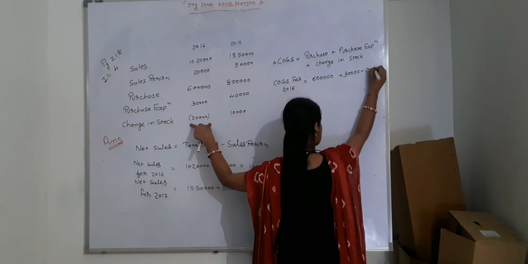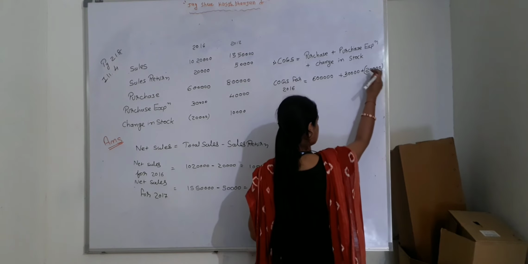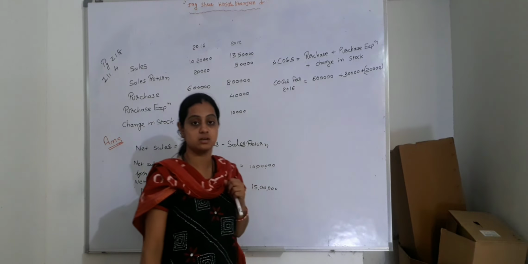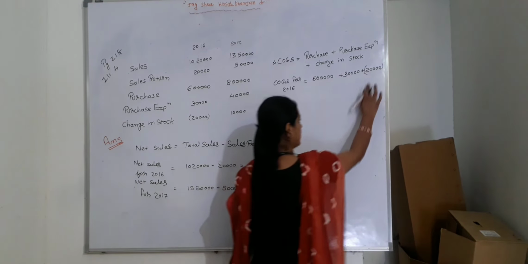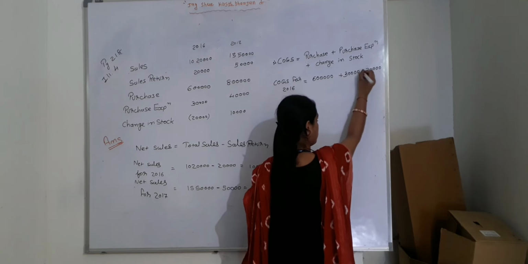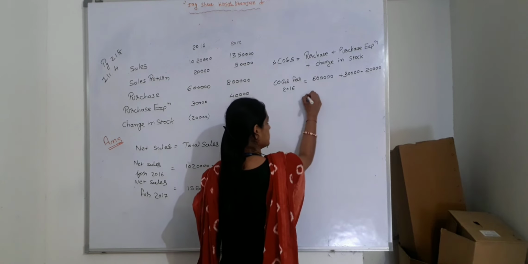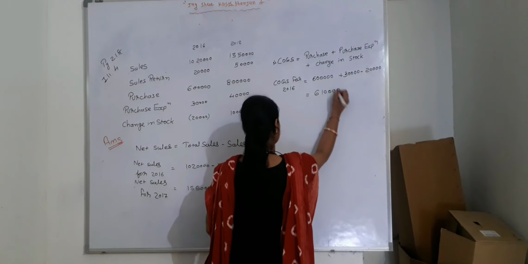That means minus 20,000, so we'll directly give minus sign, is equal to 6,10,000.